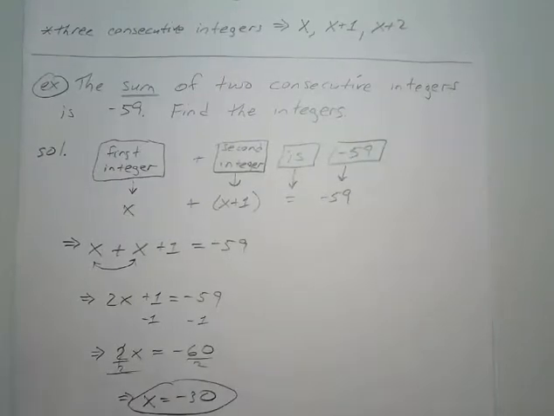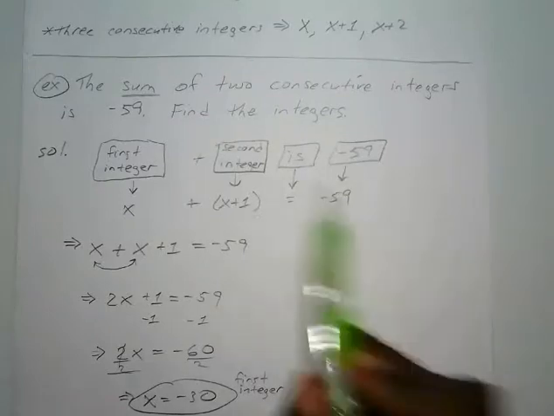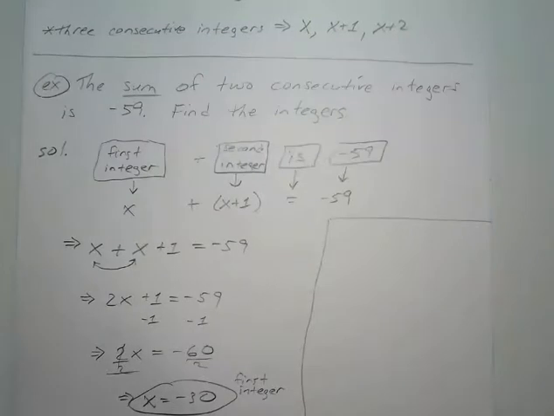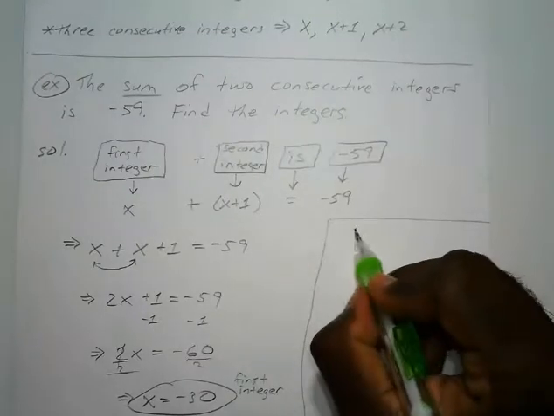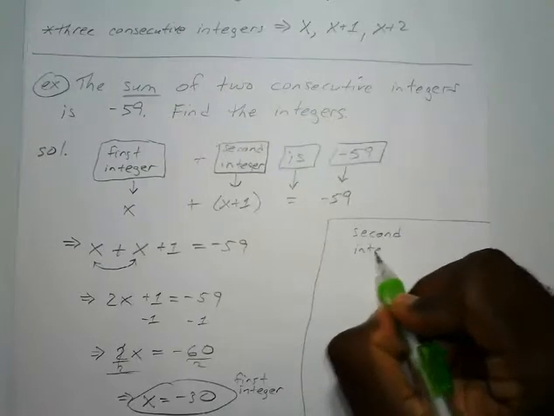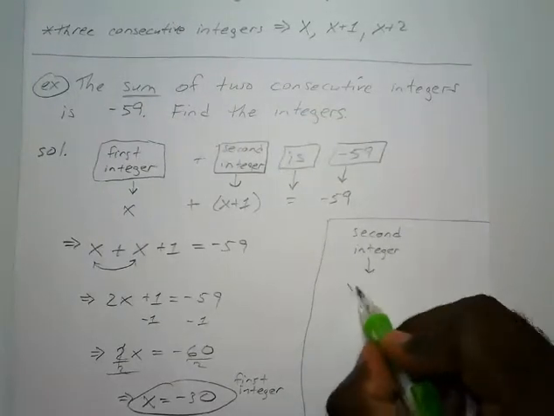Alright, so remember, that's just our first integer. We still have to solve for our second integer. Our second integer is x plus 1.